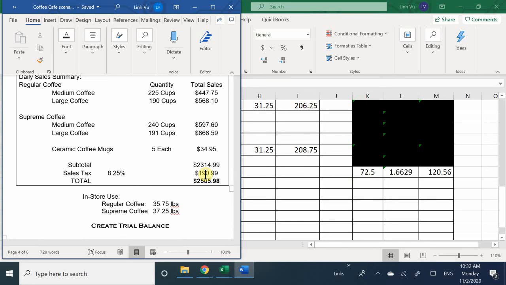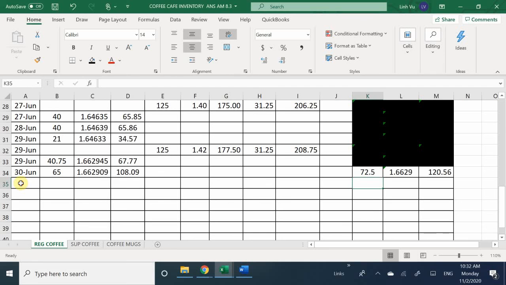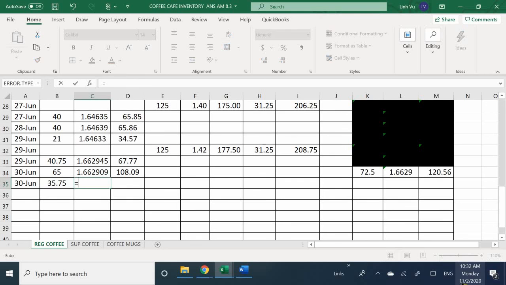Let's look more down where it says in-store use. So for regular coffee, how many pounds did I use? 35.75 pounds. Okay. So I used on the 30th 35.75 pounds. What is my cost per item?